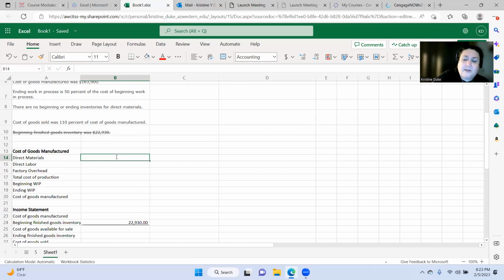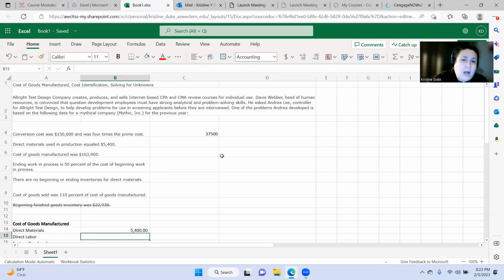So let me go ahead and put that in there. Obviously, if I take this prime, direct materials, direct labor, if I take this 37,500 and I subtract 5,400, it's going to give me the cost of my direct labor.